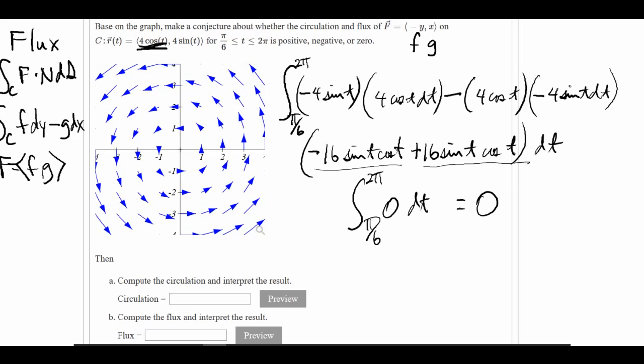And likewise, I suggest that that looks plausible in light of the vector field and the curve. If we're going around the circle, notice we do not have any normal vectors. All of the vectors are going along with our circle. So there's no flux.